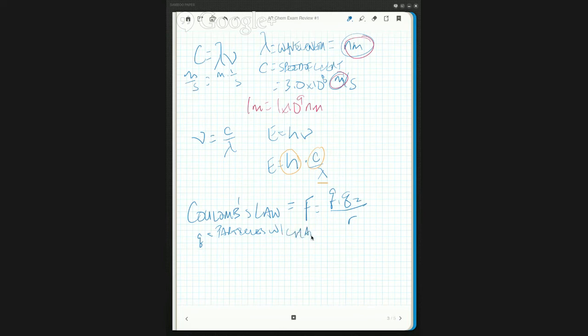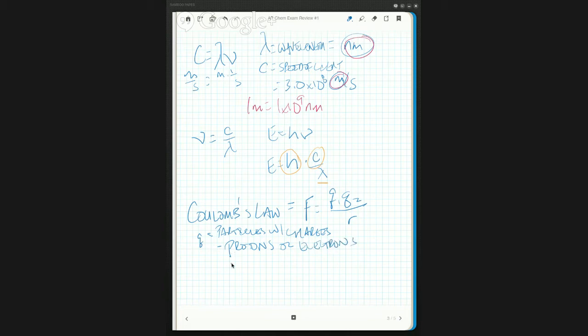So really, you're not doing the calculations. That's not going to happen. They're not going to ask you for the force. They're just going to ask you, what's the relationship? So your only 2 options for this are protons or electrons, because those are the only ones with charges. Neutrons, of course, have no charges.